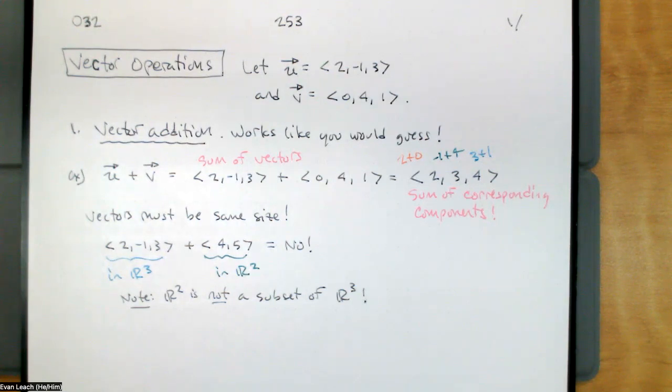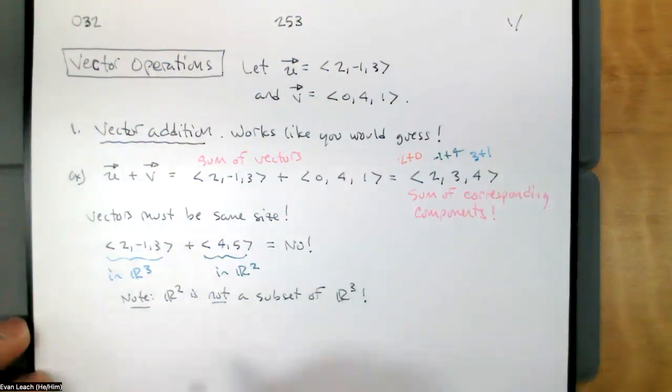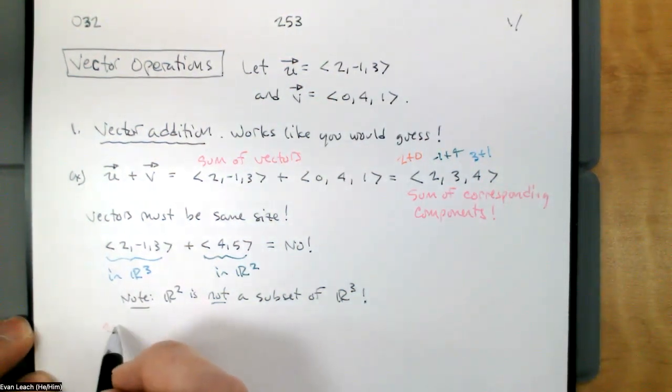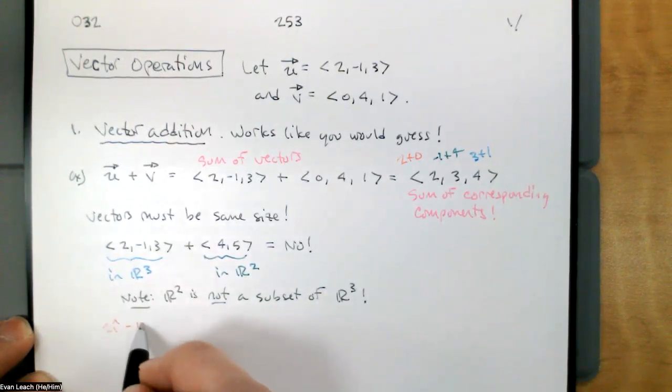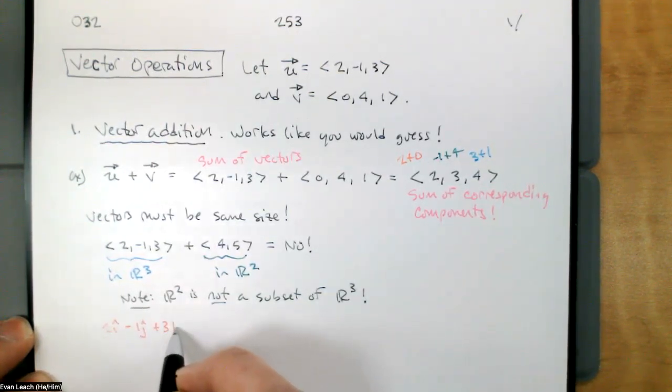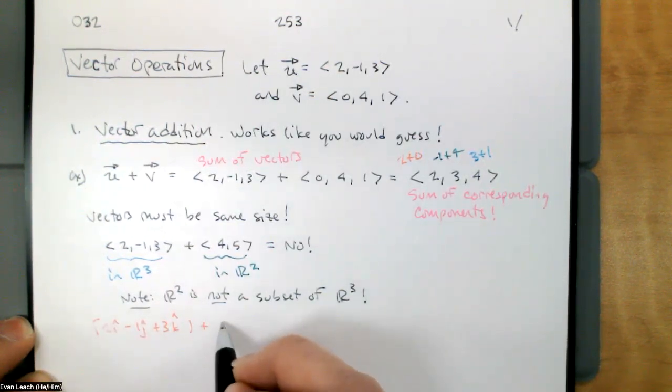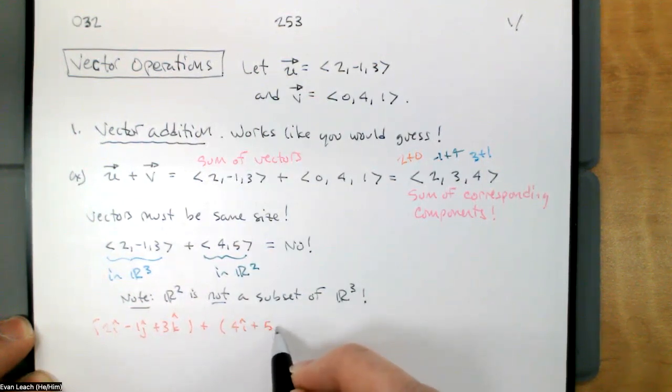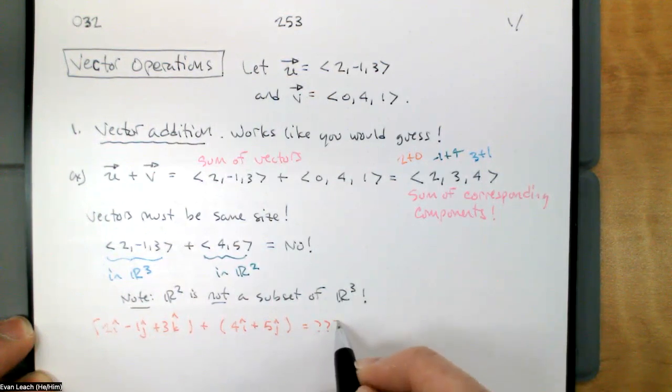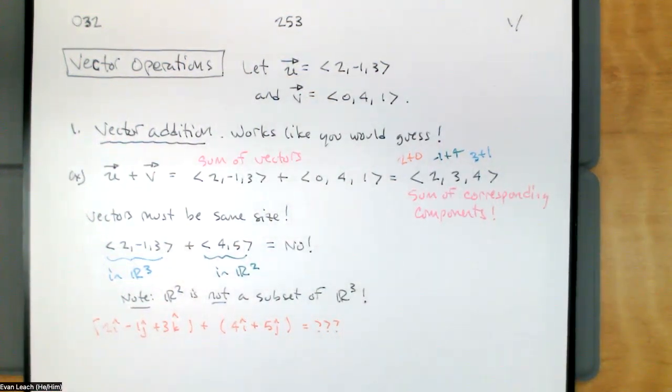So that's a good question though, because if I had written 2i minus 1j plus 3k, and then 4i plus 5j, it's unclear whether that's from R2 or R3.